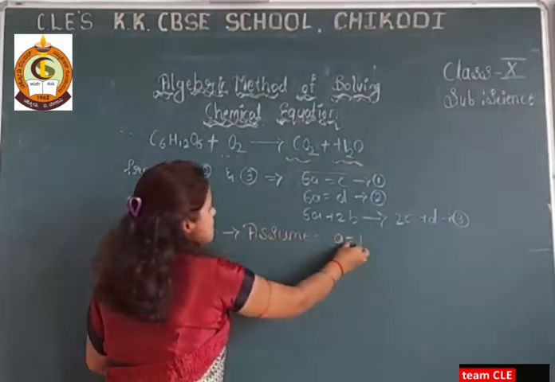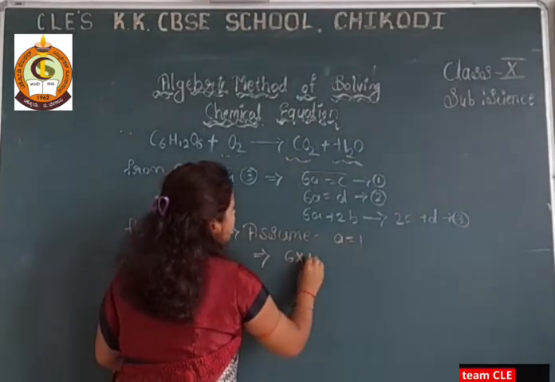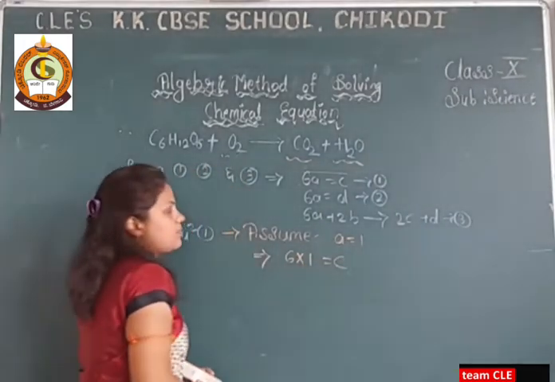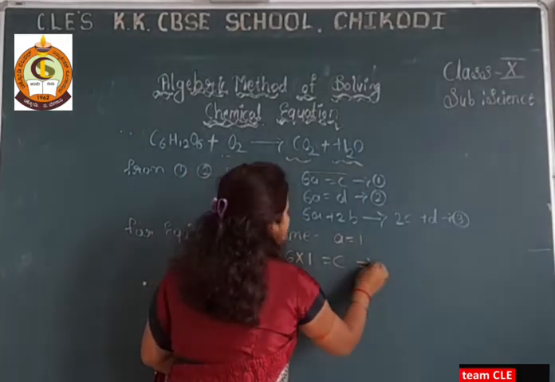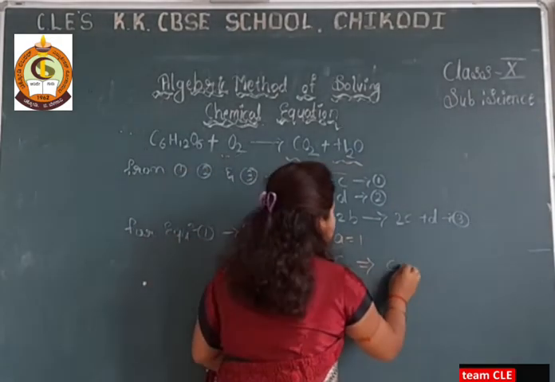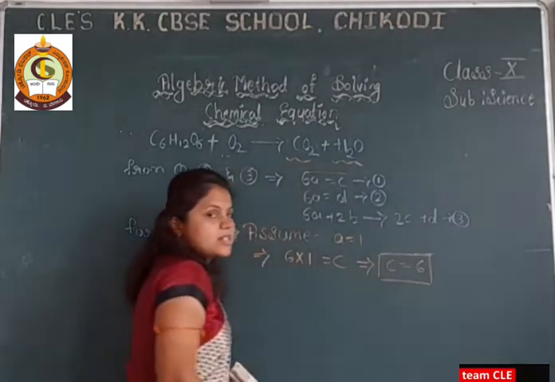Then 6 into 1 is equal to C. What will be the value of C? C is equal to 6. So we got the value of C.